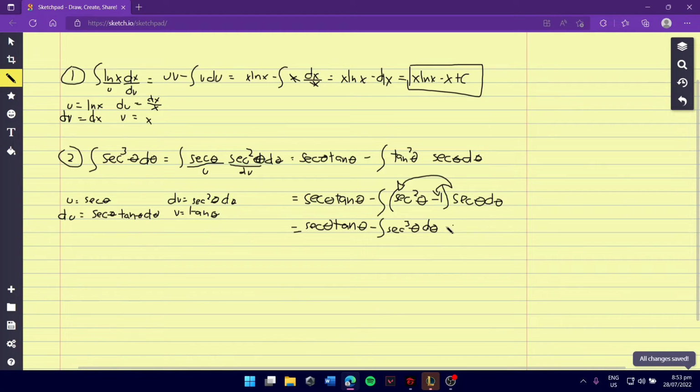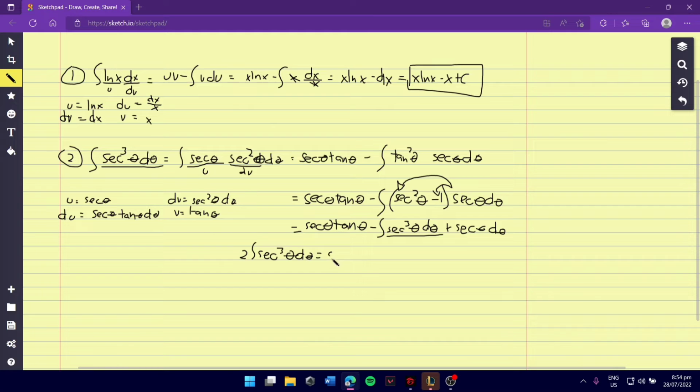Distribute this also, and then add the secant theta here, so secant theta d theta. Since this term is equal to this term, we'll put here 2 times the integral of secant cube theta d theta.